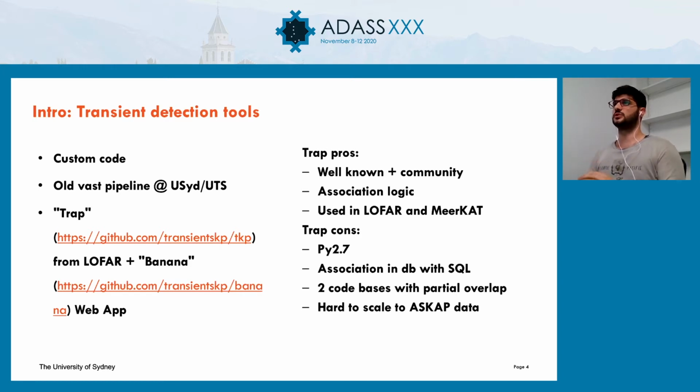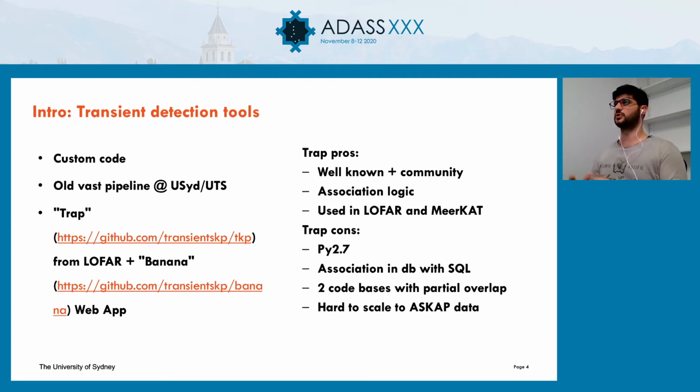We tried at the beginning using TRAP, and Adam, for example, modified it to ingest data straight from ASKAP. But we found it hard to scale, and there are some issues: it's a bit old legacy code, and some of the dependencies are hard to deal with.